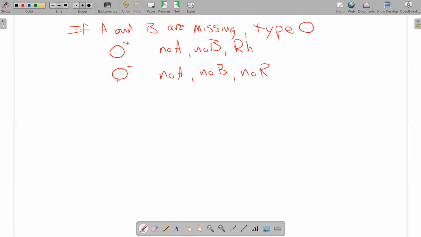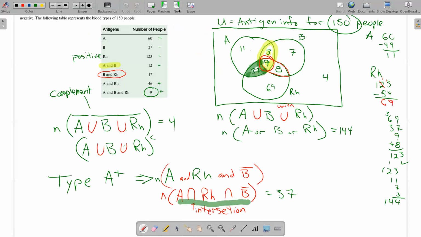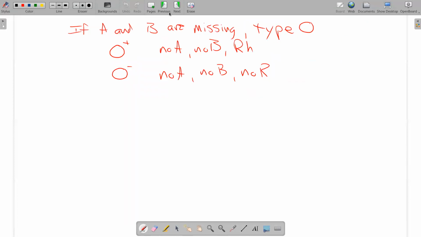So we already named this set right here with set notation. Let's try to name this O positive one here. So looking back at my picture, the O positives, they would have to be outside of the A circle, outside of the B circle, but inside RH. So that would be this 69 right there. So I'm going to redraw that here.